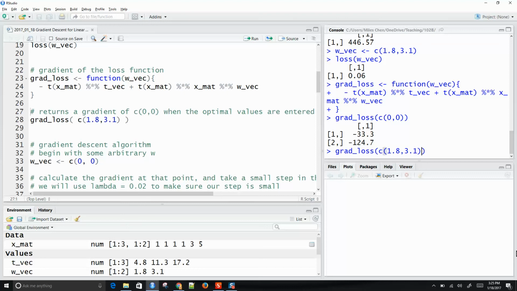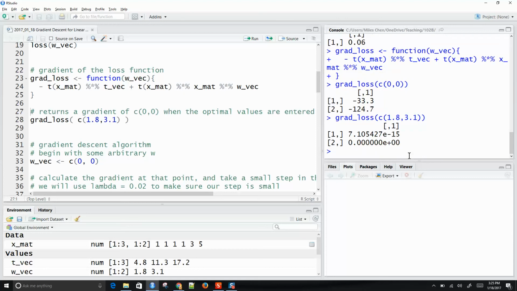It should say, I have nowhere to send you. There's no steepest descent anymore. The gradient at that point, once we find our optimal solution, is 0. And when we do that, that's indeed what we get: 0, or something like 10 to the negative 15, because of calculating and rounding errors.